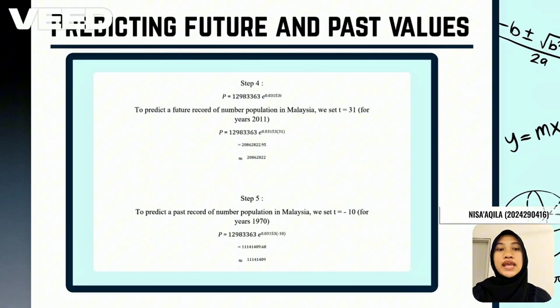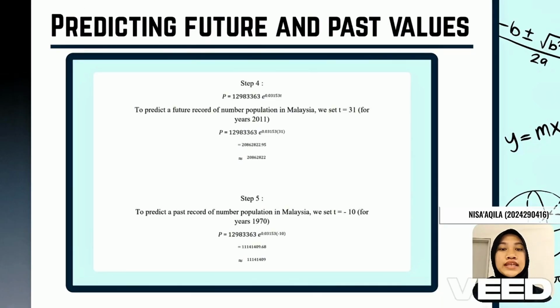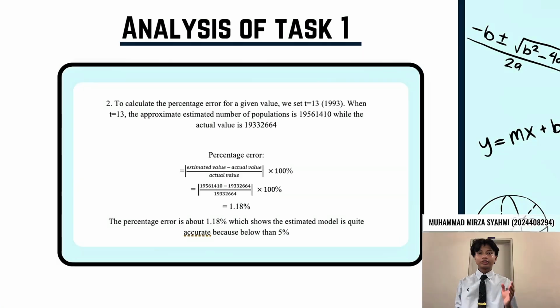In the next step, we use the particular solution to obtain the past value at year 1970, which is at t equal to -10. By inserting the value into our particular solution, we obtain the value of 11,141,409.